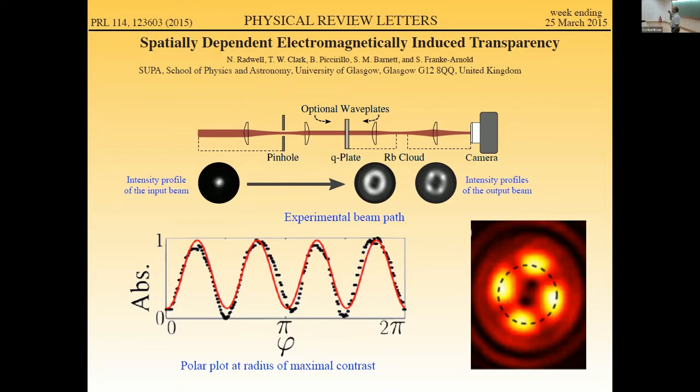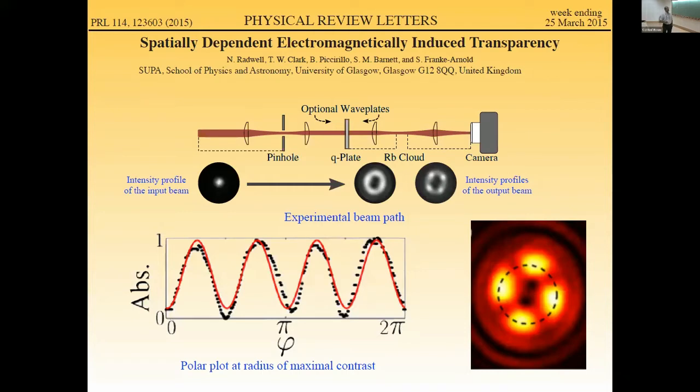We consider the probe field weak and the control field strong, and we manipulate the medium dispersion for the probe beam by the control beam intensity. But in this problem, they considered both beams to be weak, with very low intensity. Then they tried to see whether the phase information can be mapped to the amplitude information, basically whether phase can be mapped to intensity, and that they have achieved.